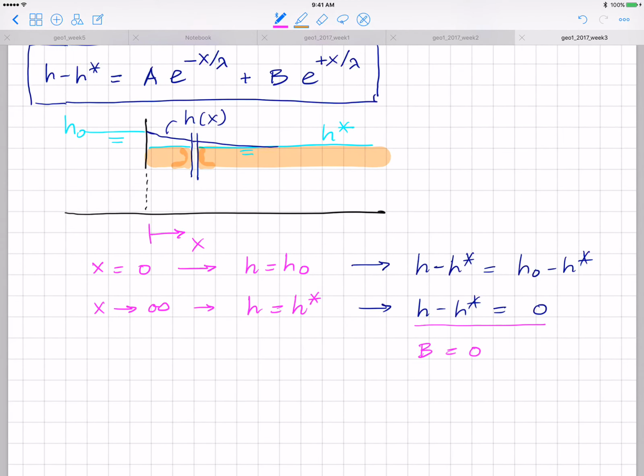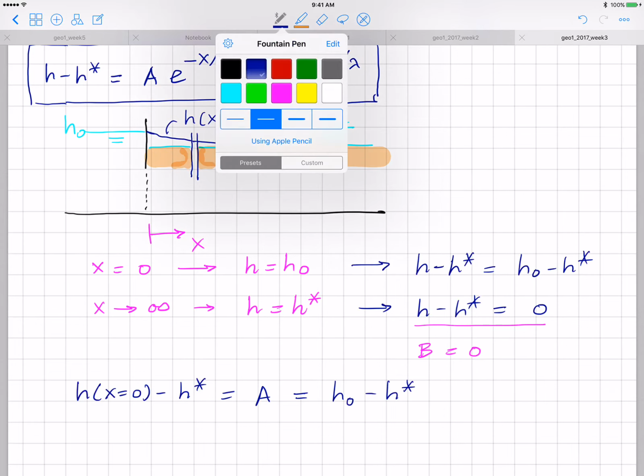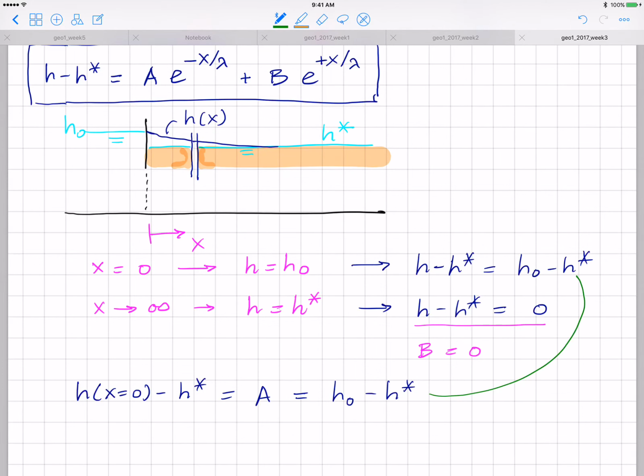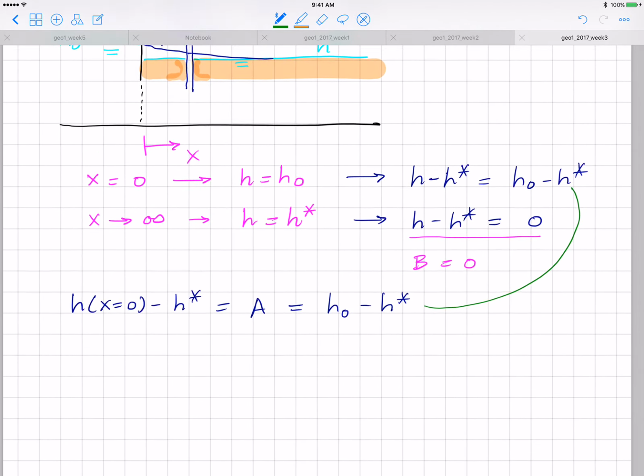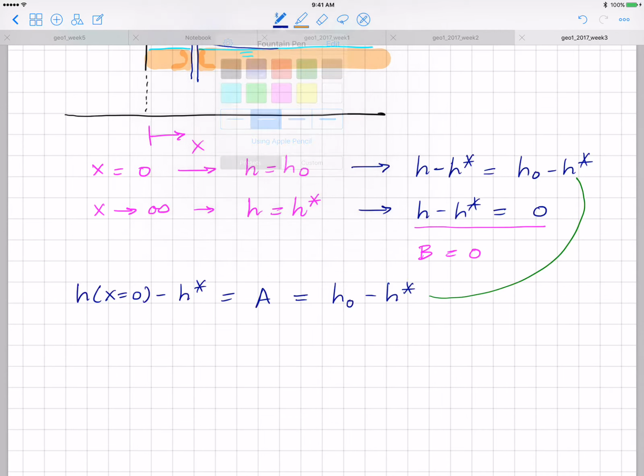All right, that means that we have only one constant left. We can use the first condition to solve for that. H at x equals 0 minus H star is equal to A times e to the power minus x over lambda, but x is equal to 0, so A is equal to H0 minus H star, because that was the condition we tried to apply. Right? So we have our final solution.